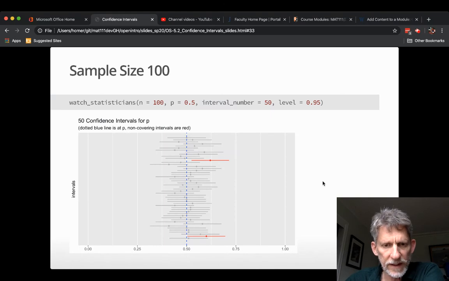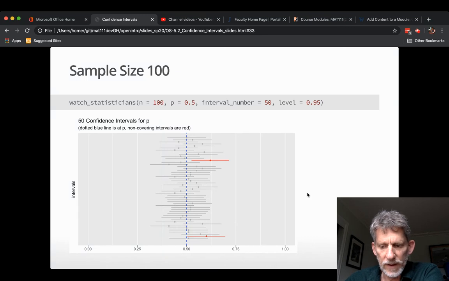When I ran it, the statisticians all basically got intervals about this wide, where I'm moving my mouse back and forth. Statisticians who covered the p, and statisticians who failed to cover the p, all had intervals about this wide.